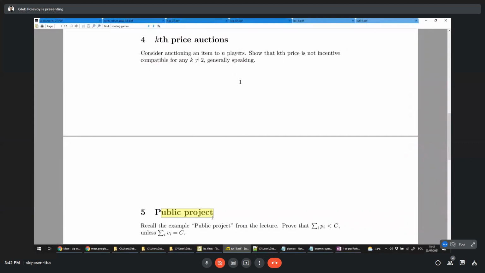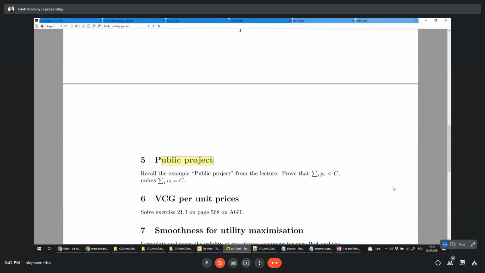And then we said that it can be proven that what the players pay together is smaller than the cost, so you actually need to subsidize that. And the book says that we can also prove that it's always the case, but that's something we don't do in our course.